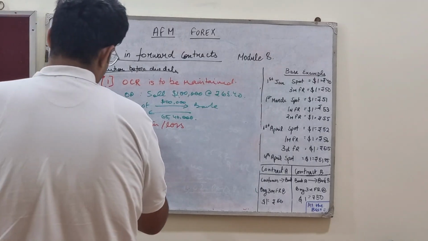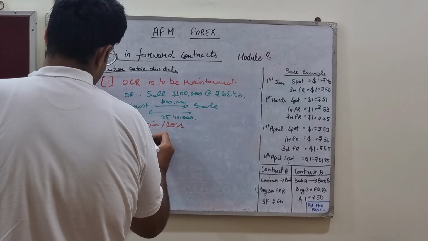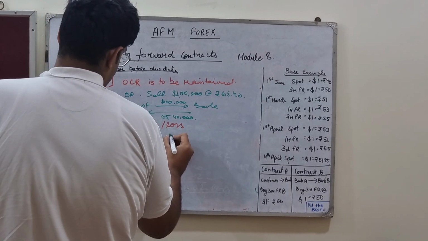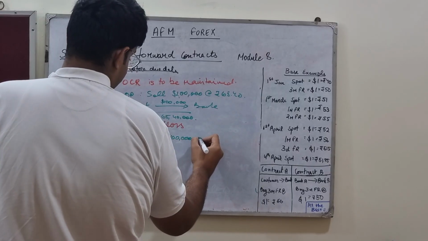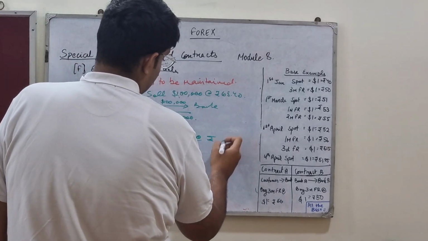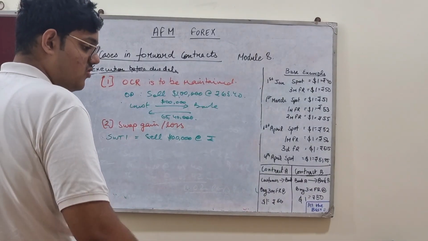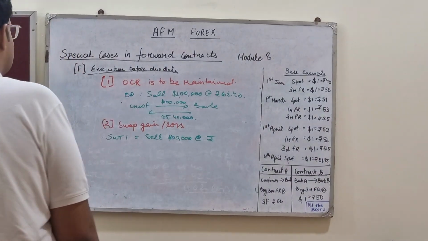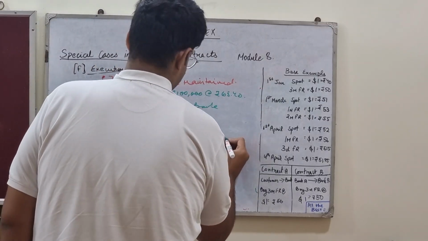So now the bank has the swap transaction 1, which is to sell $100,000 at the rupees spot rate before due date. So that would be 28th November. That should be 65.22.